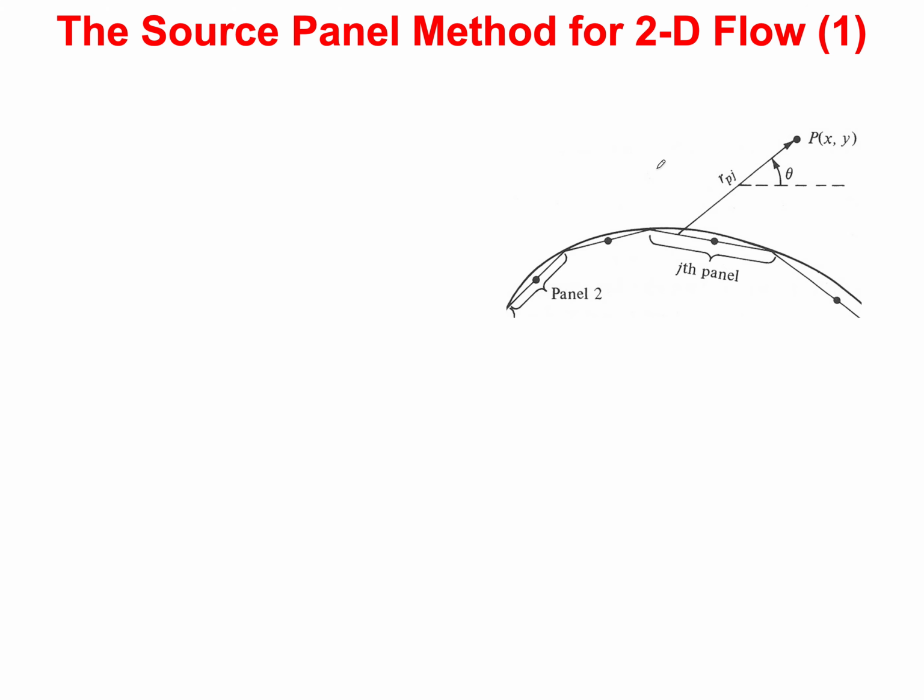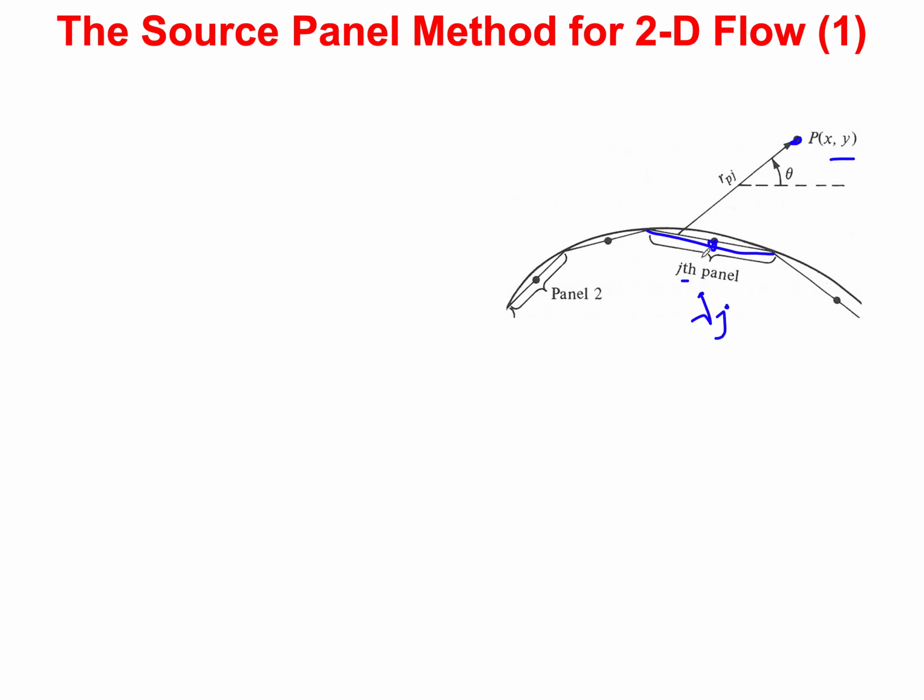Let's look at what's happening. I have a panel here, panel J, which has a strength of lambda J, and that panel contributes to any point in the flow, some arbitrary point x and y.